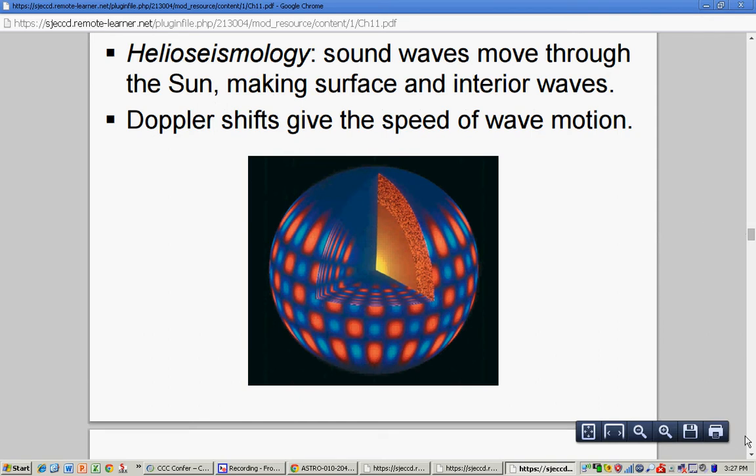Now we do not observe the solar interior. In fact, of all the stars, the region we can have direct observations of is their atmosphere.